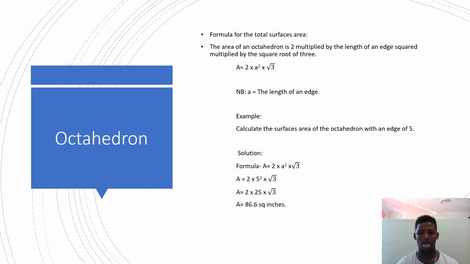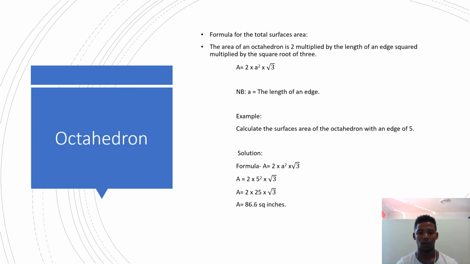For example, calculate the surface area of the octahedron with an edge of 5. The solution is as follows. Formula: A is equal to 2 multiplied by a to the power of 2 multiplied by the square root of 3. A is equal to 2 multiplied by 5 to the power of 2 multiplied by the square root of 3.